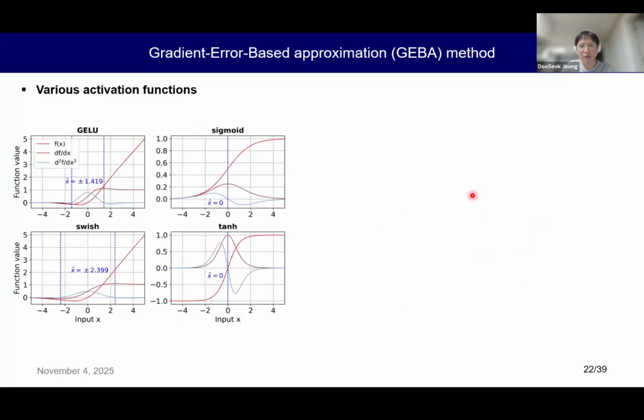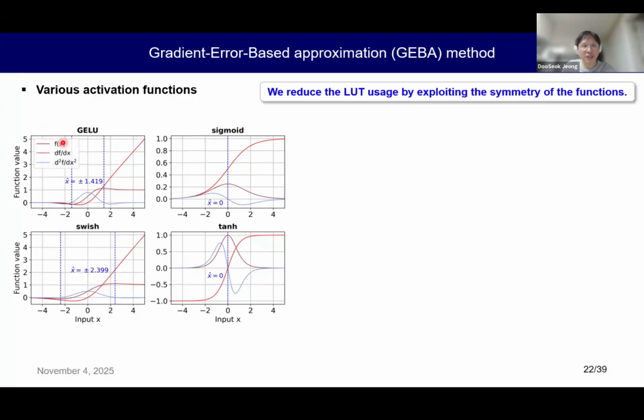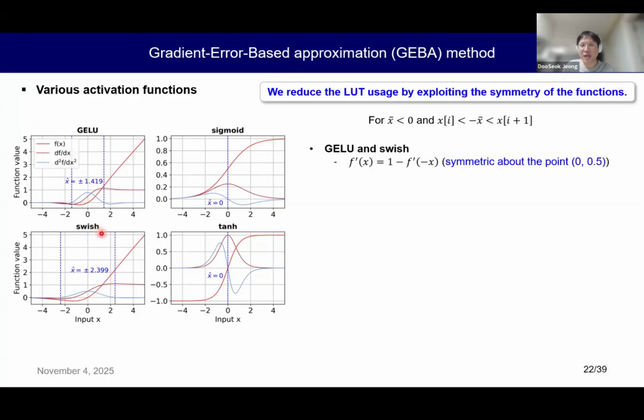You can fill the lookup table. Also, a lot of these activation functions are either symmetric or their gradient function is symmetric, right? Because of that, you don't actually have to have the lookup table for the whole input range.